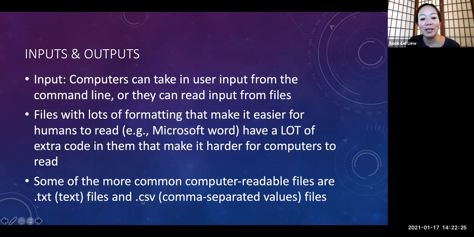Essentially, a .csv file is similar to an Excel file in that it has rows and columns in a spreadsheet, except it doesn't have all that extra fancy stuff. So it doesn't have bold, it doesn't have underline. You can't highlight cells and put colors in them or put figures, etc. It's a pretty bare bones version of a data file that just has each number or value separated by a comma. And it can be read into Excel, but it is also much easier for the computer to read.